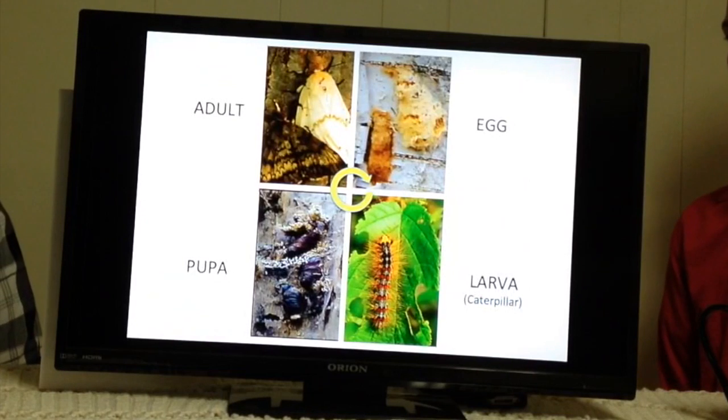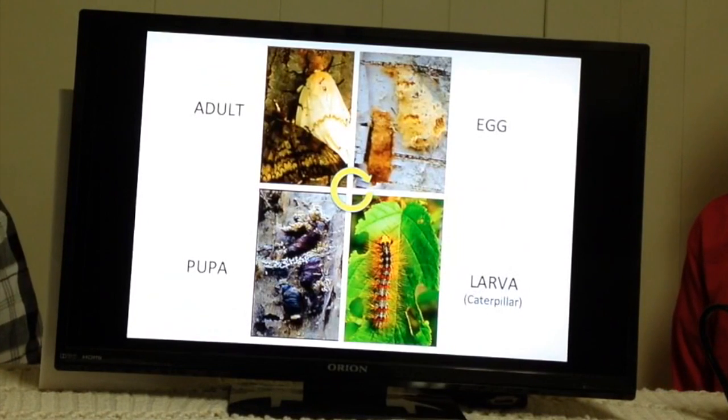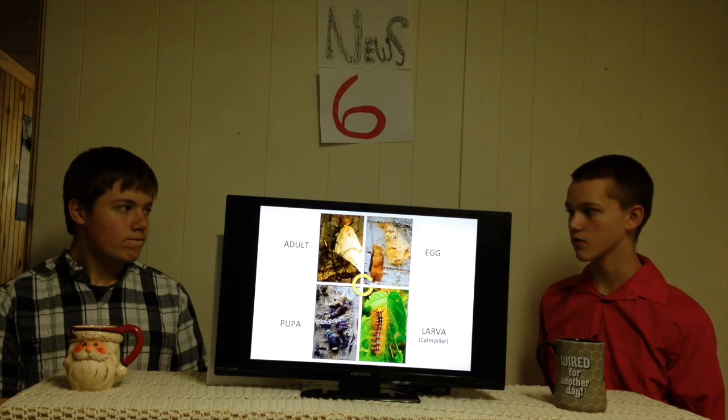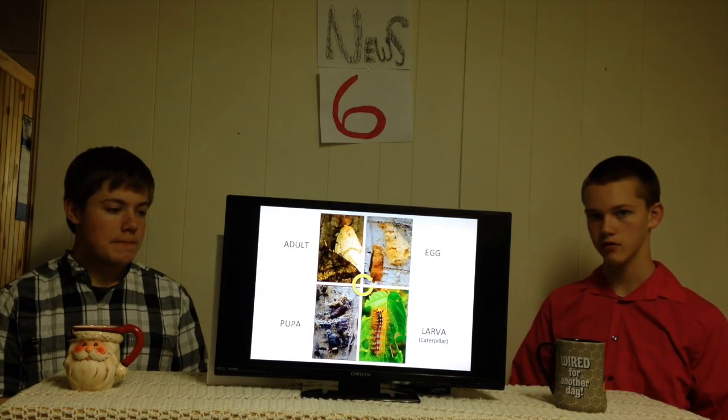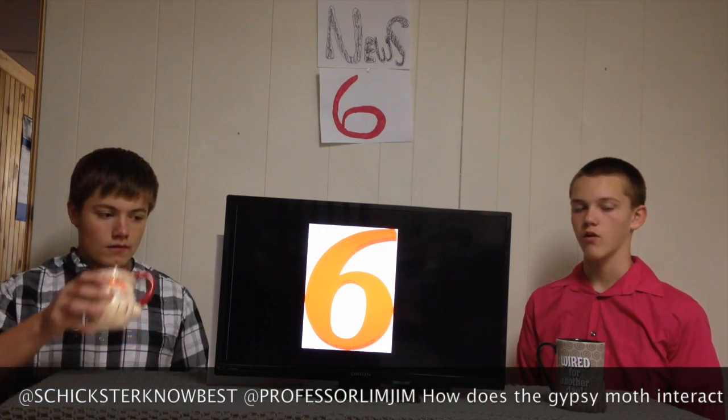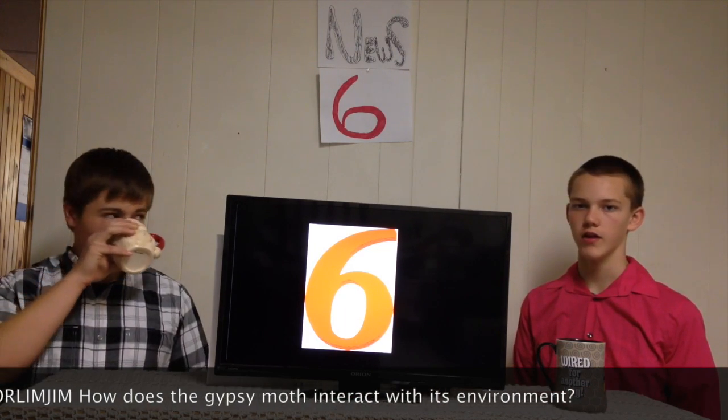Female Gypsy moths release chemicals called pheromones, which attract males and help the reproduction cycle. That's pretty interesting. I bet some people didn't know about that. Well, our next question comes from a viewer, and she wants to know how the Gypsy moth interacts with its environment, like if it's herbivore, carnivore, omnivore.